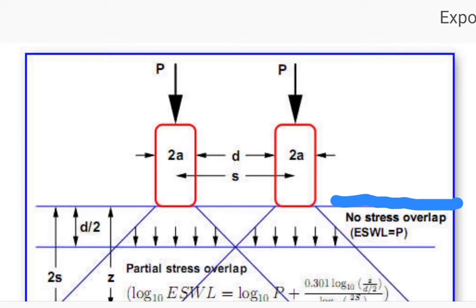the overlap we are observing here is at d by 2 distance, there is an overlap of the stresses. And here, up to a depth of d by 2 each wheel load p acts independently, and after that point the stress induced due to each load begins to overlap.